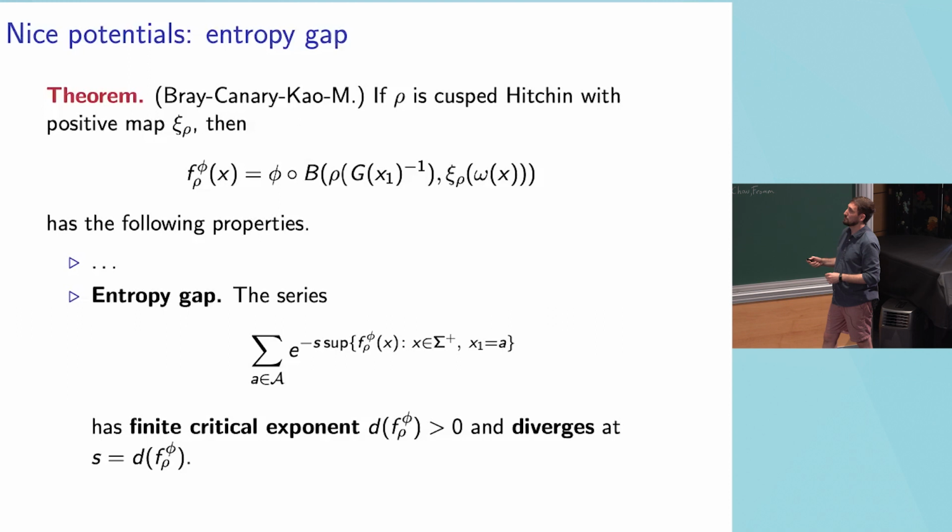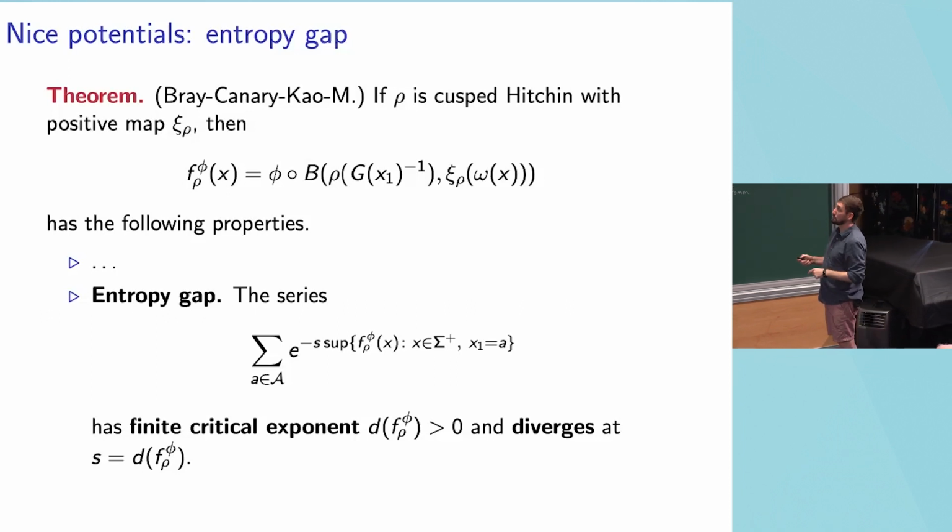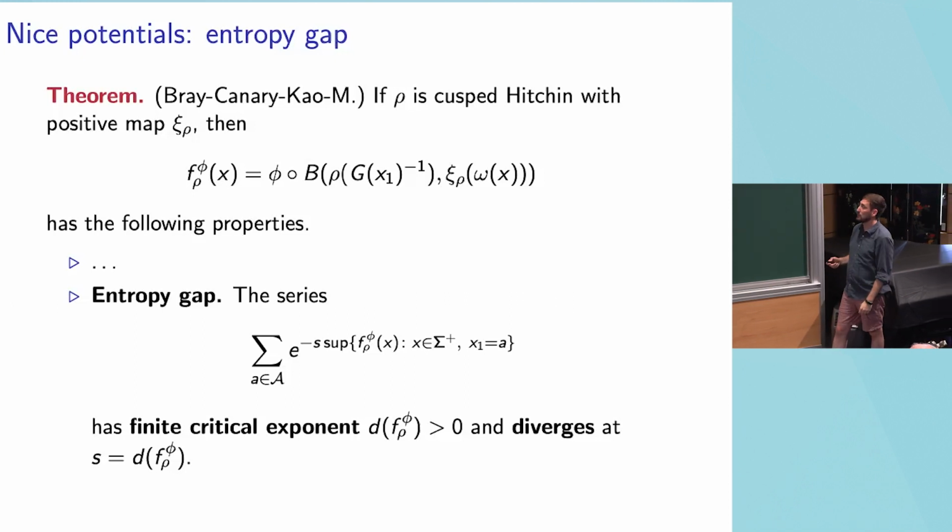Take your letters and look at your function evaluated on this infinite word, over all the words that start with this letter A. Somehow you should think of this as how much can you move when you start with the letter A? How much can your geodesics move when you start with the letter A?